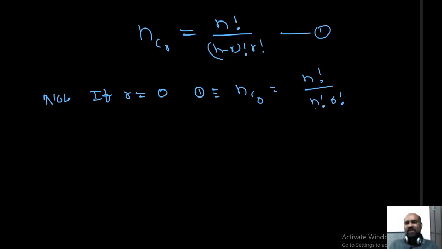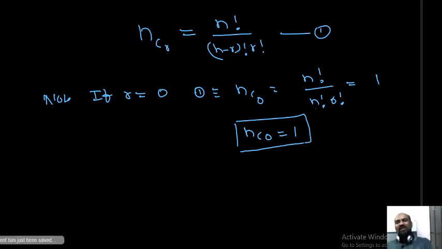Already you know that 0 factorial is treated as 1. That's why the total value is equal to 1. That's why nC0 value is taken as 1 for mathematical convenience. What is the meaning? From n, selecting 0 is meaningless actually, but nC0 is taken as 1 for mathematical convenience. Okay. This is note 1 I can say.